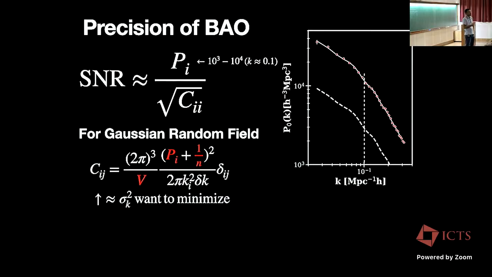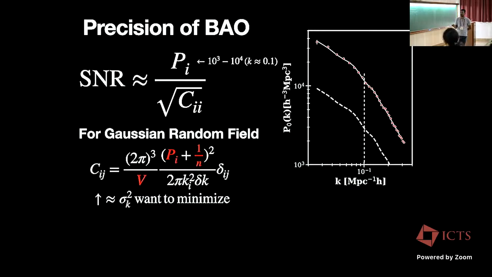You basically write down the Gaussian random field and calculate the variance, which is the field squared average minus the field average squared, and that variance would look like this. The important terms are there's a power plus there's a shot noise.